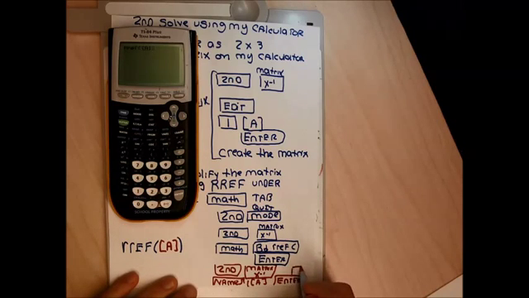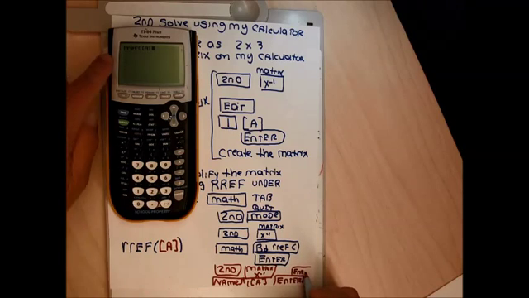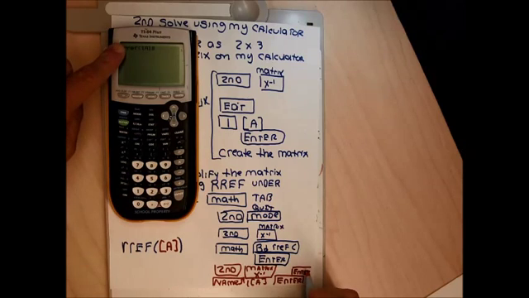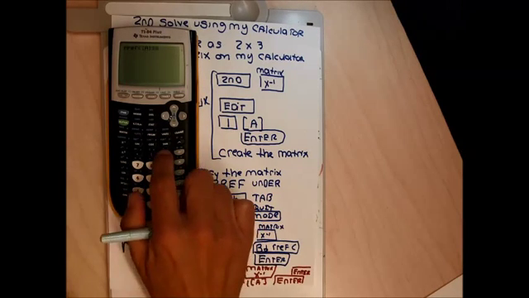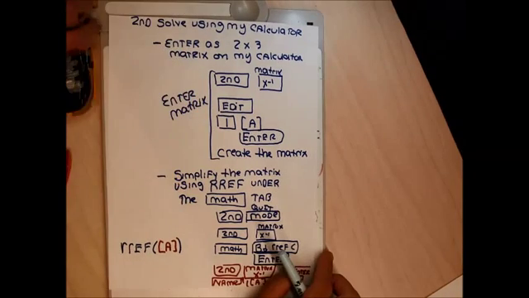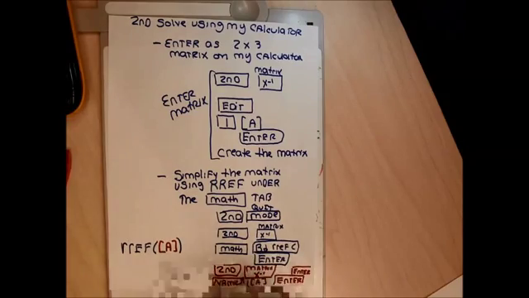Right now on my main screen, my calculator is prepared to reduce matrix A. I'm going to close out the parentheses, so I don't really have to do that. And when I hit enter, it's going to reduce the matrix and give me something I'll be able to quickly read my answer from. So I'm solving using my calculator. I did all the calculator steps right now.